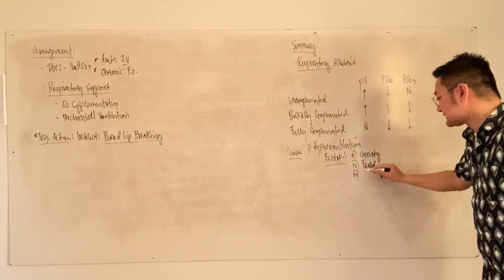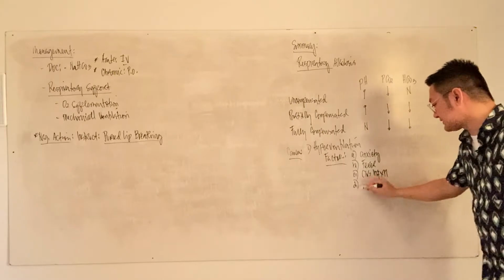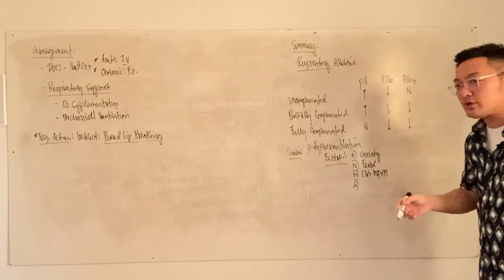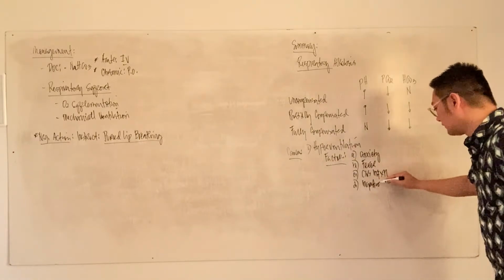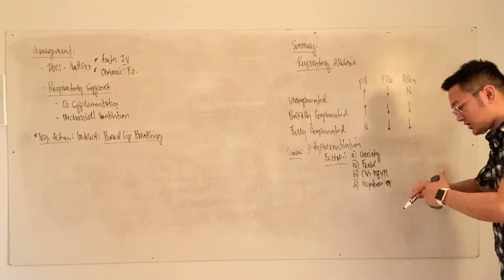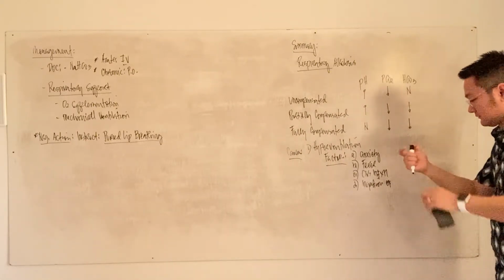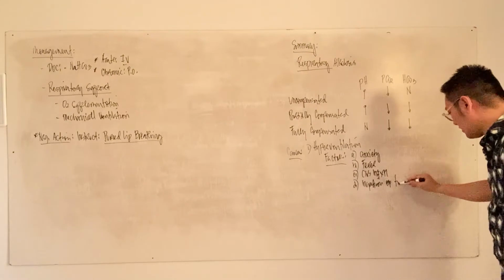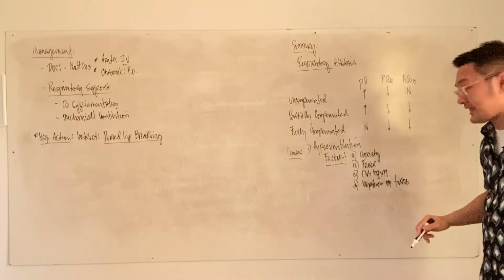What else? CNS infection can cause hyperventilation. What else? A patient who ingested toxins. So there's what we call ingestion of toxins. So these factors may cause hyperventilation.